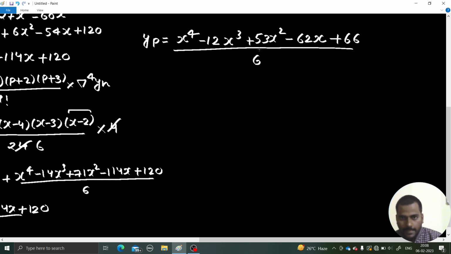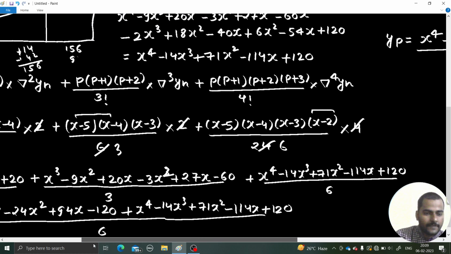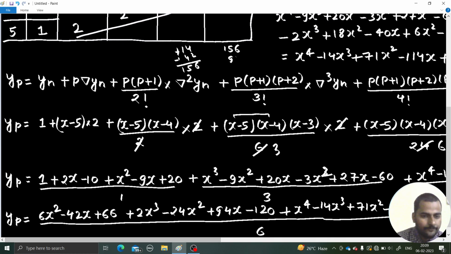So I had got x power 4 minus 12x cube, 53x square, and 66 is there, but I had got minus 102x. So there I think again I have done some mistake in calculation of coefficient of x. So let's check that once again.